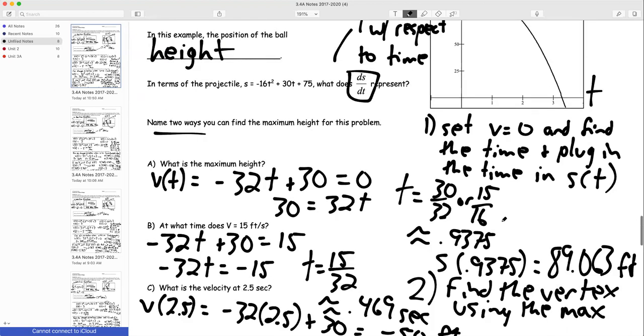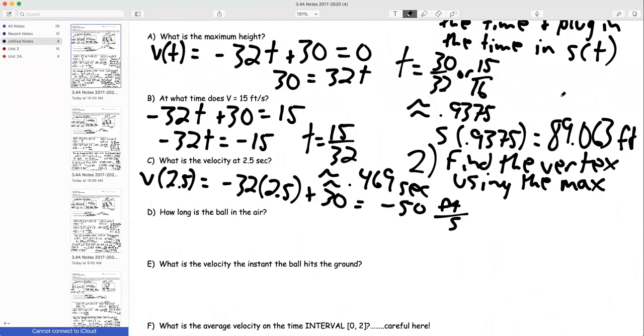How long is the ball in the air? How would we work this problem? Okay, so you're saying that right here, it hits the ground. And I want to find that point. How would we do this? Use your calculator. So I would take the equation of the position and find the 0 on the calculator. So do that for me, please.